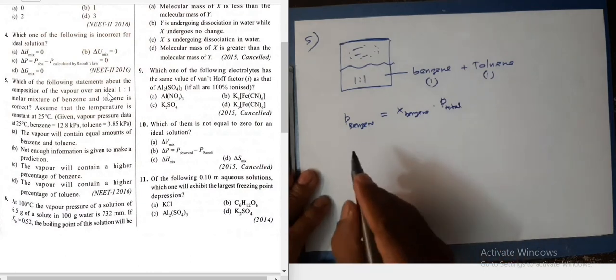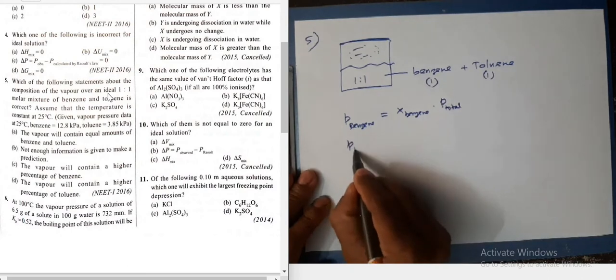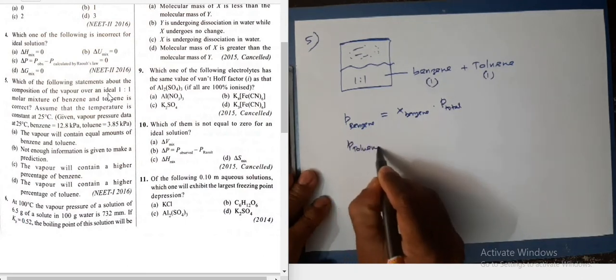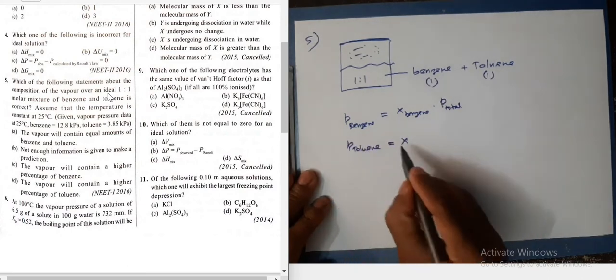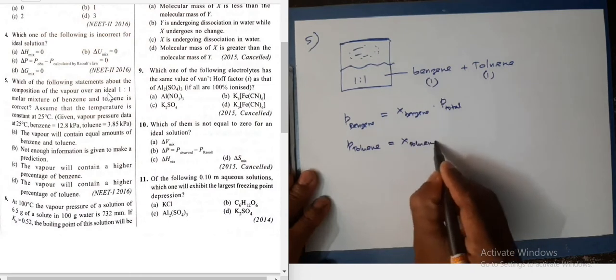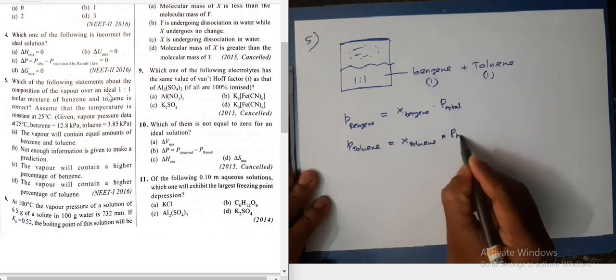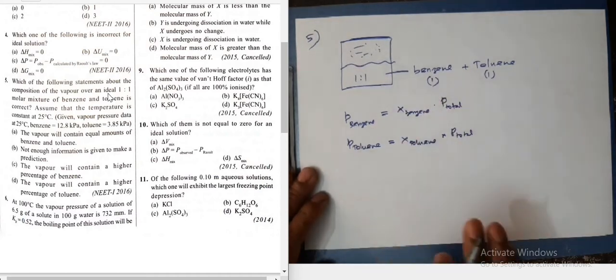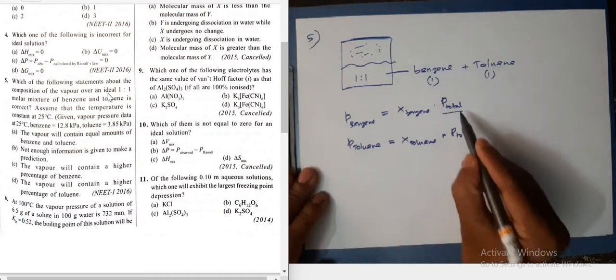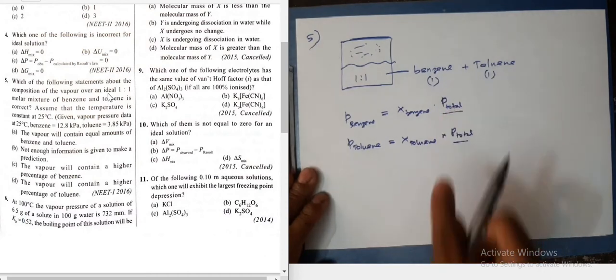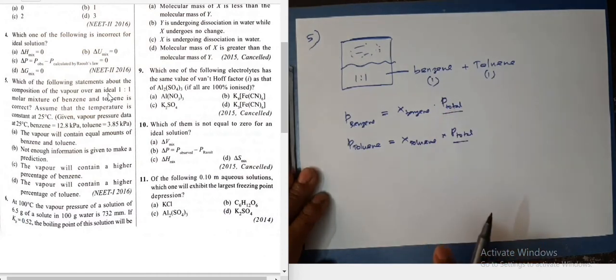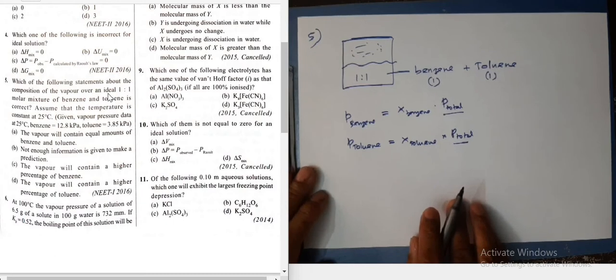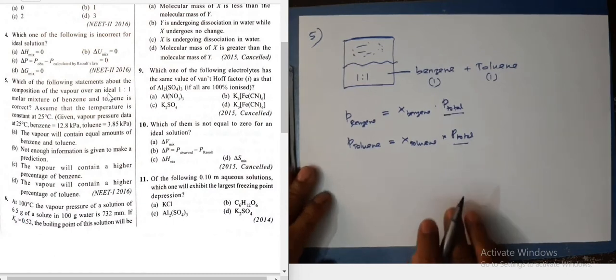Then for toluene, the partial pressure of toluene is equal to the mole fraction of toluene into total pressure. Total pressures are equal.